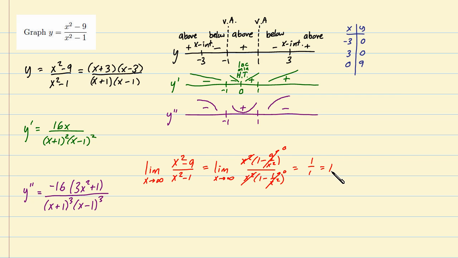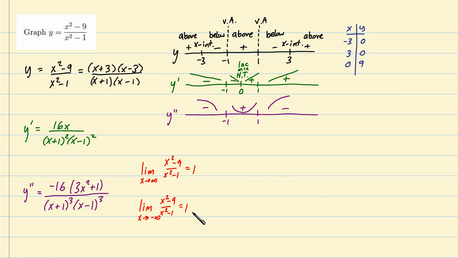So we just have 1 over 1 or 1. Now, does it make a lick of difference whether x was approaching positive infinity or negative infinity in terms of evaluating this limit? No, not at all. This guy and this guy will still go to 0. We'll still cancel those x squareds off. We're still going to get 1. So let's consolidate this a little bit and just write that.